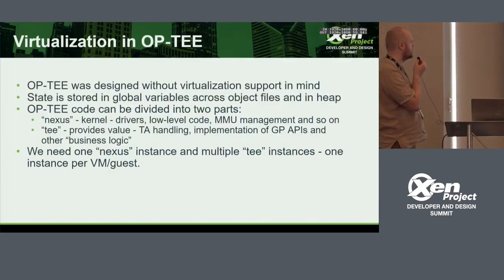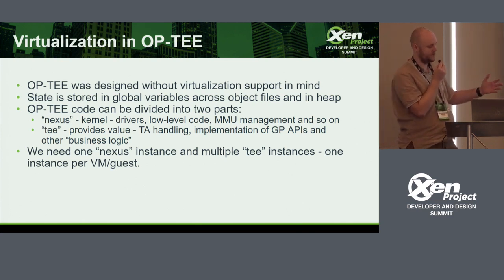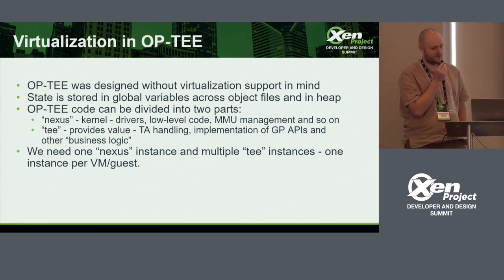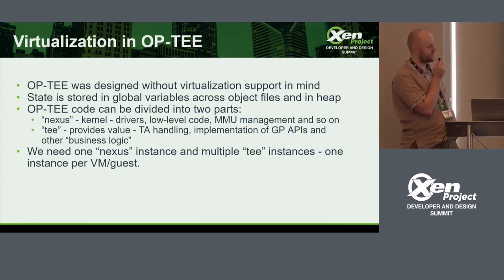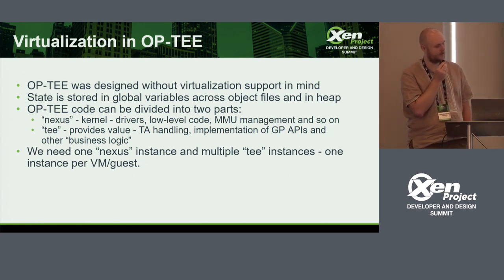But luckily for us, we can divide OP-TEE code into two big parts. One part we call Nexus. This is basically the very kernel of OP-TEE. It includes low-level code like exception handling, entry and exit to OP-TEE, MMU management, drivers, and such other stuff.